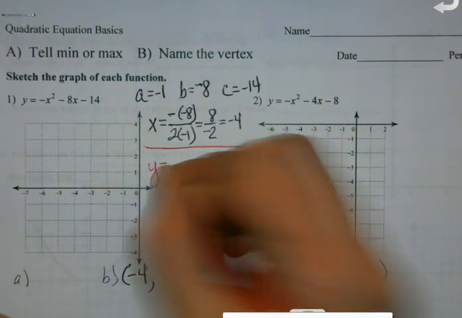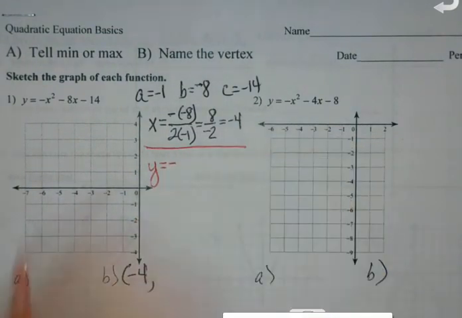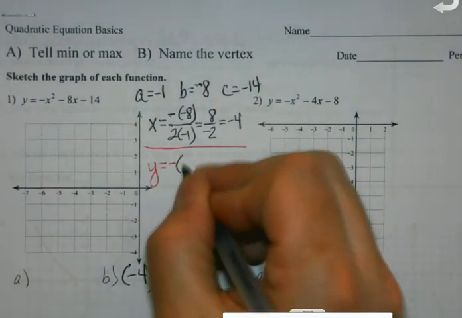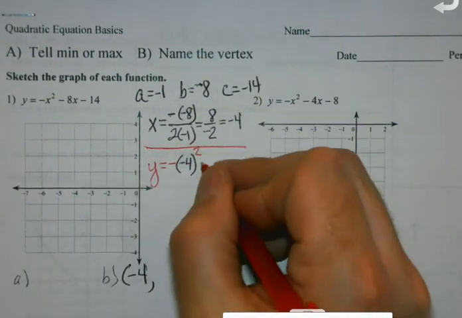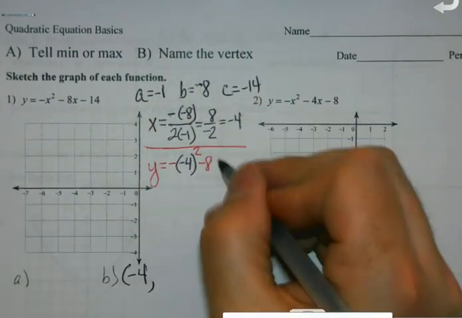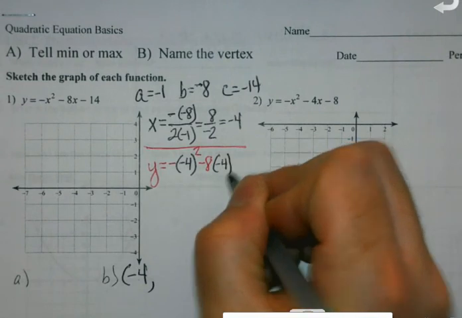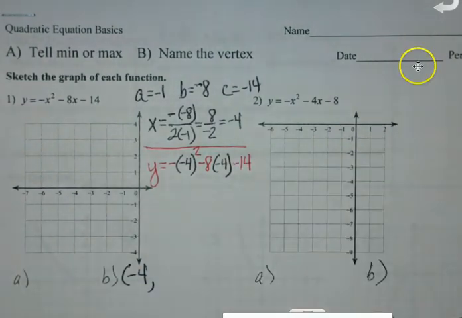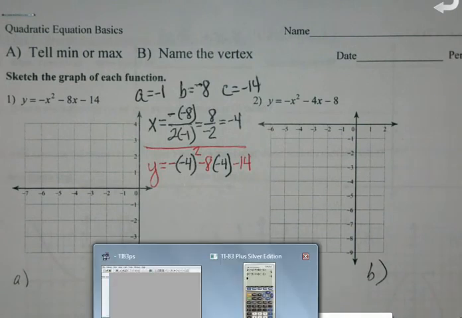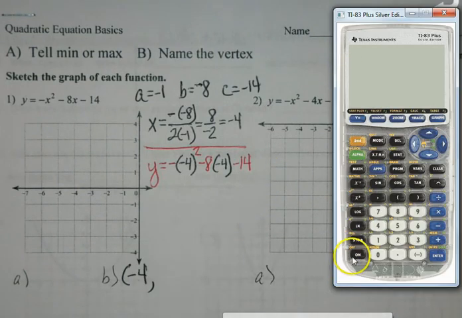And then my y, every time I see x, I'm going to plug in a negative 4 in parentheses. Everything else, I'm copying the exact same way. Now that's kind of complex with all these negatives, so I'm going to get some help on this one.